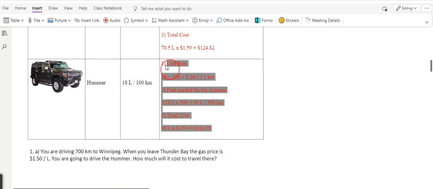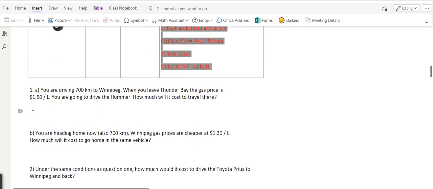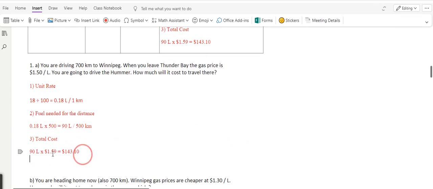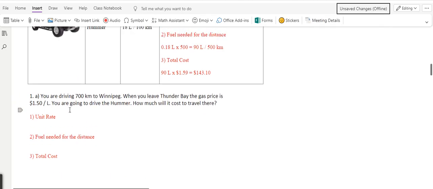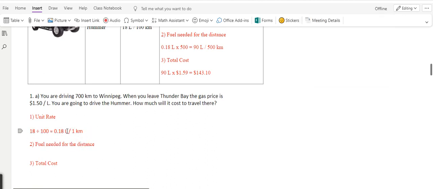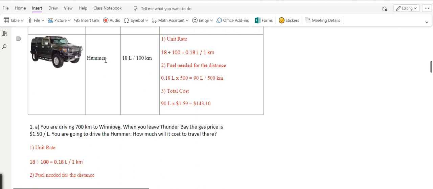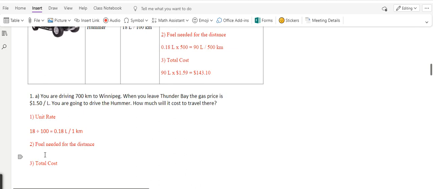Well, we're going to use the same method as before. Namely, we need the unit rate, the fuel for the distance, and the total cost. The unit rate's actually going to be the same though, since we're taking the Hummer this time. We're going in style, I suppose. And how much fuel do we need for the distance?